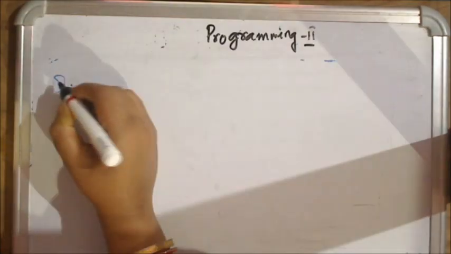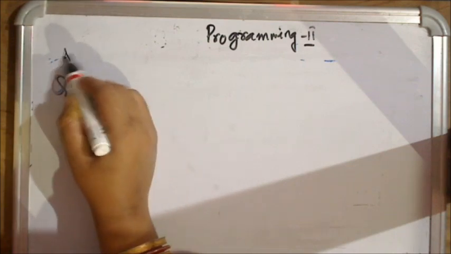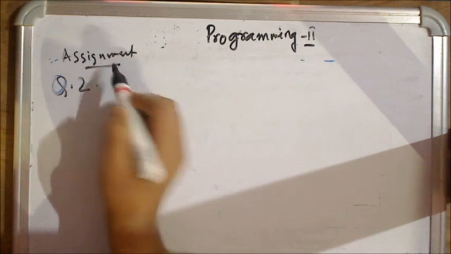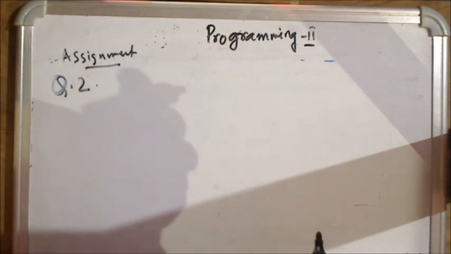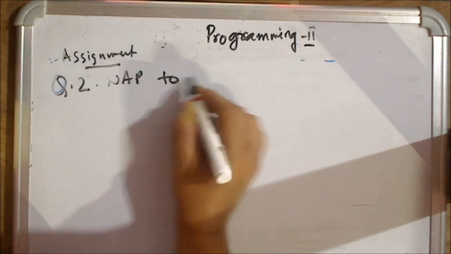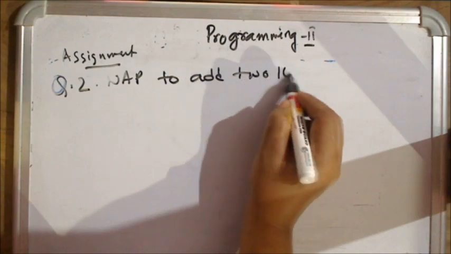Now in the assignment, I have given you the first question. The second question will be: write a program to add two 16-bit numbers.